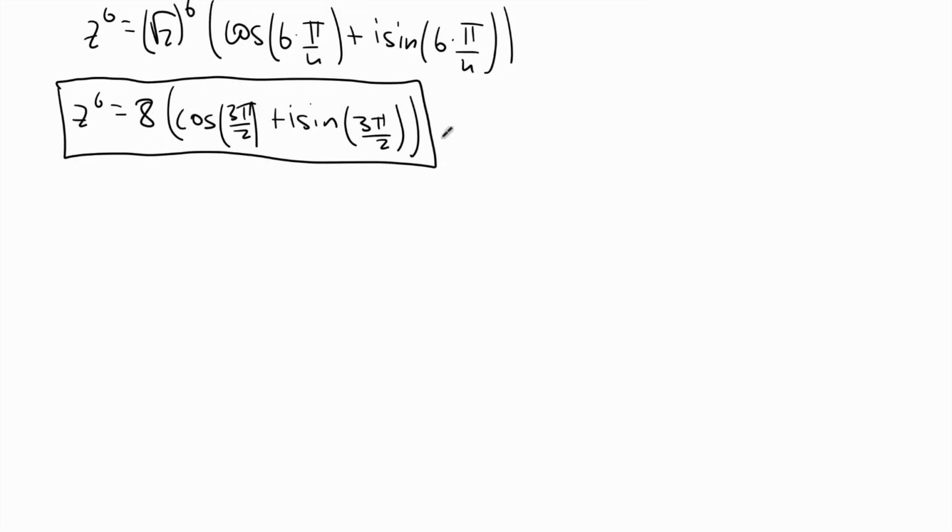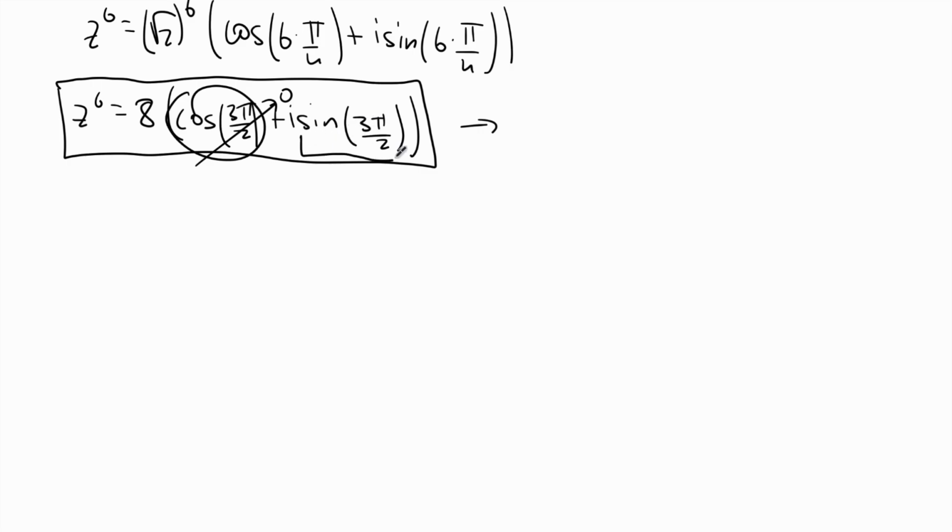Now, of course, if we want to convert this to the basic form, we would simply have to do basic trigonometry again. And so let's go ahead and evaluate this expression. 3 pi over 2 is simply 270 degrees. And at 270 degrees, this expression yields 0, and this expression right over here yields minus 1.